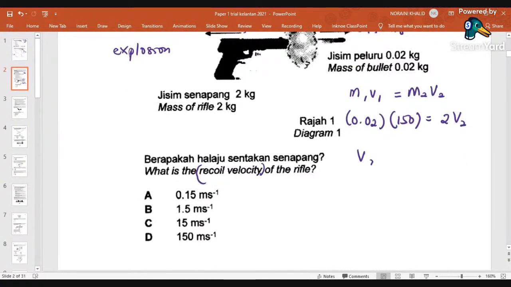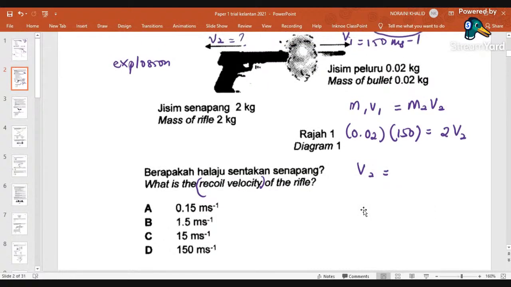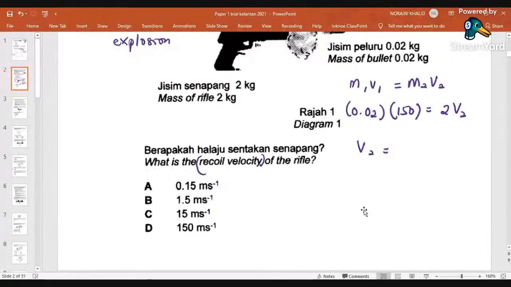Thus you get V2 equals to 1.5 meter second to the power negative 5. Okay, the answer is Y. So you must understand the principle of conservation of momentum. So recoil velocity is opposite direction to the direction of bullet.